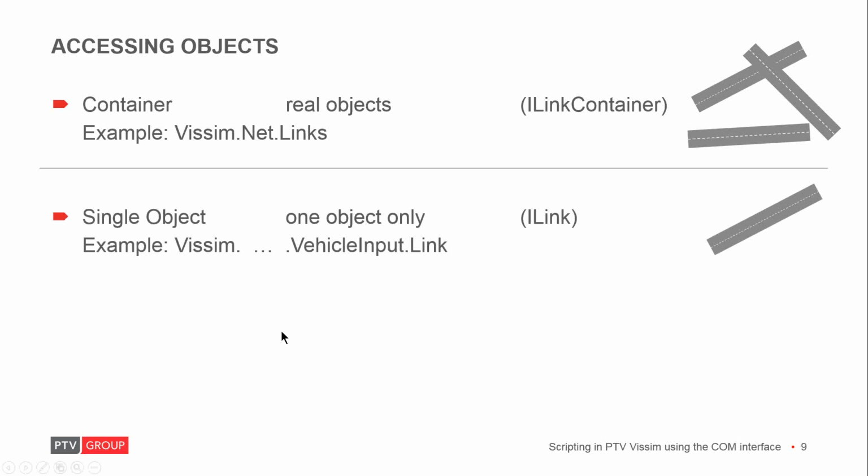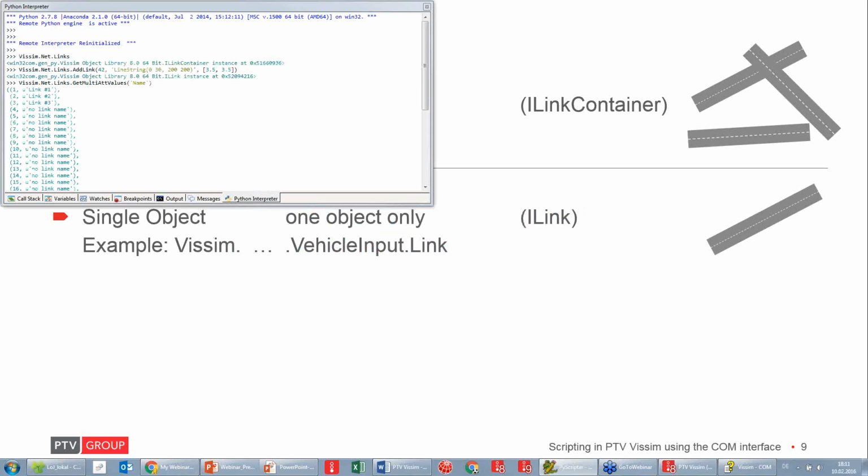The second type is the single object. If I have one link only, I can do different things compared to when I have a group of links, whereas the container always contains all existing links.